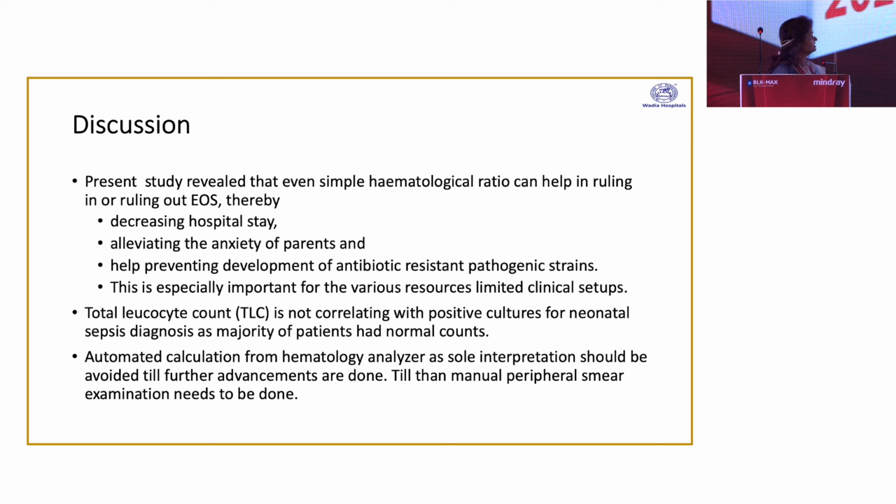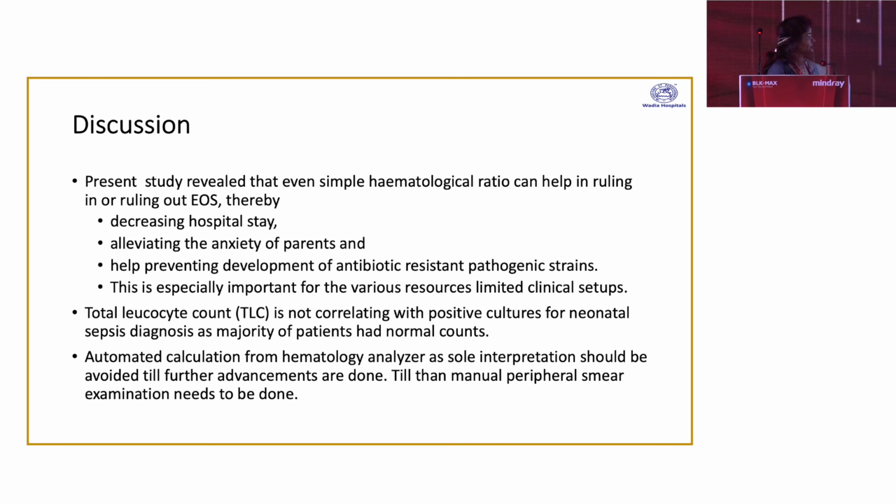The present study revealed that even a simple hematological ratio can help in ruling in or ruling out early onset sepsis, thereby decreasing hospital stay, alleviating the anxiety of parents, and helping prevent development of antibiotic resistant pathogenic strains. This is especially important for various resource limited clinical setups.